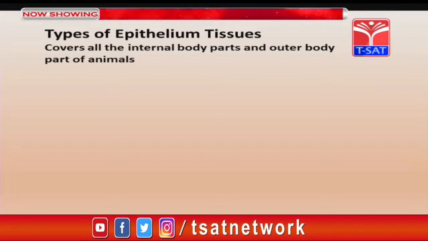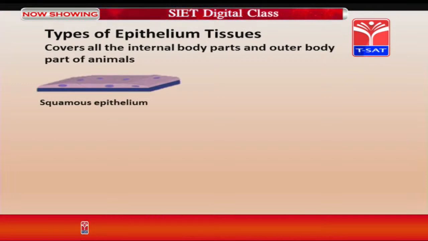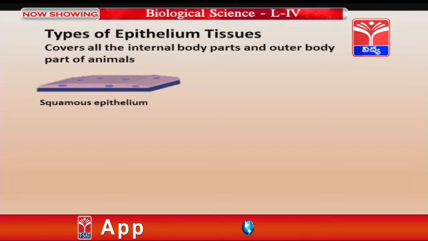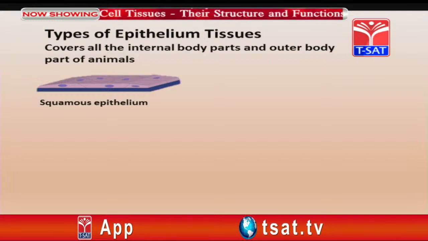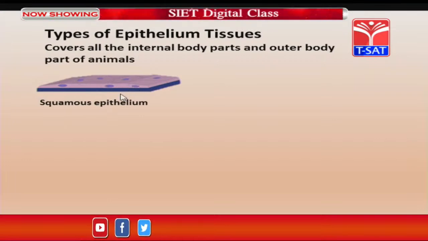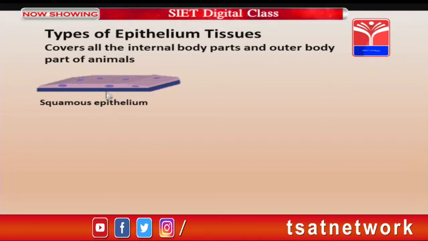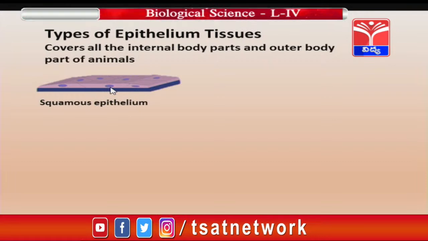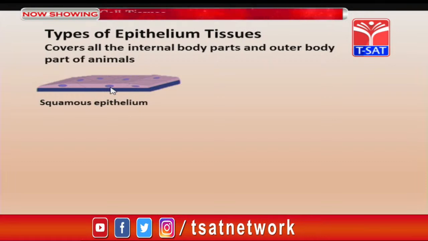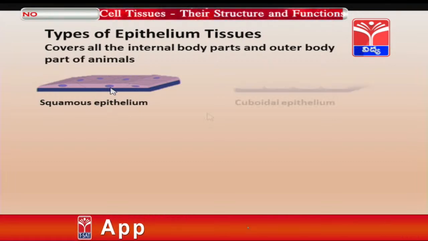One type is squamous epithelium. Here you can see the cells are thin and flat. This squamous epithelium is seen in the esophagus, lining of the mouth, blood vessels and alveoli.